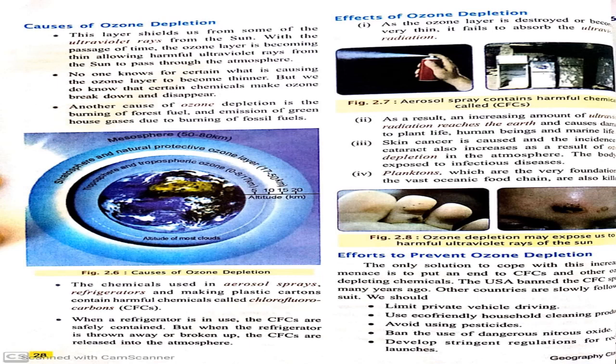When a refrigerator is in use, the CFCs are safely contained, but when the refrigerator is thrown away or broken up, the CFCs are released into the atmosphere. So now we are talking about the causes of ozone depletion. The first thing we talked about was chemicals. The chemicals are also a reason for the ozone to break down and disappear.